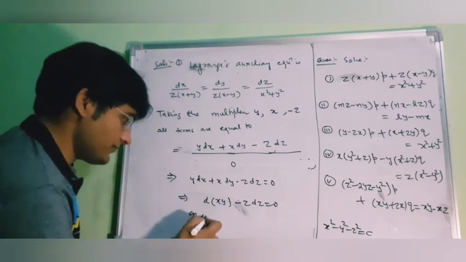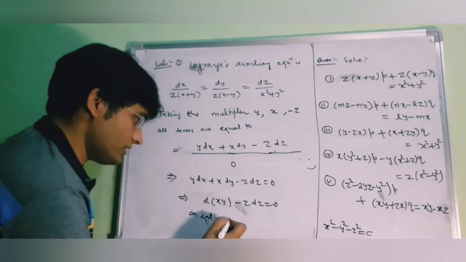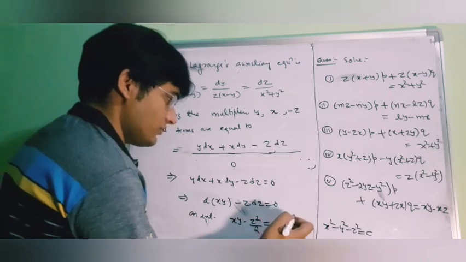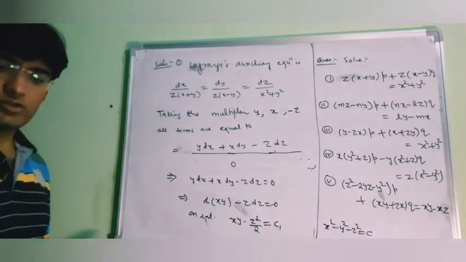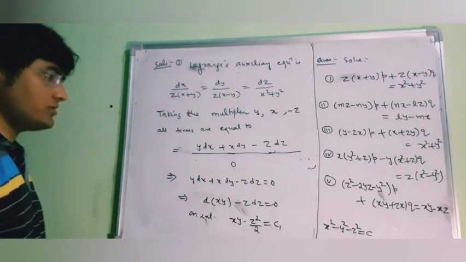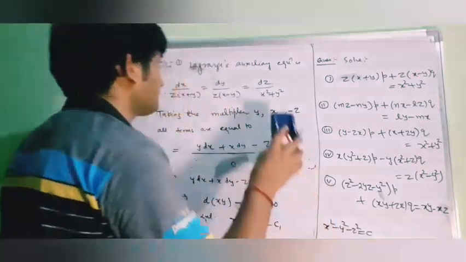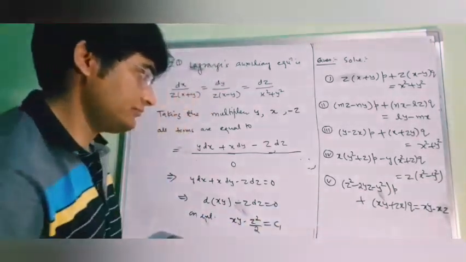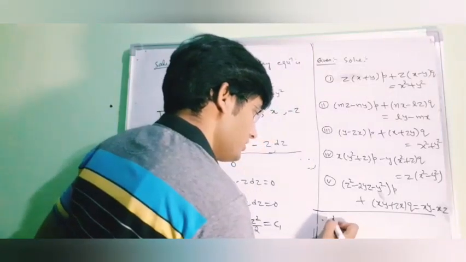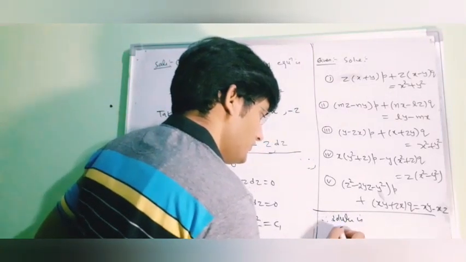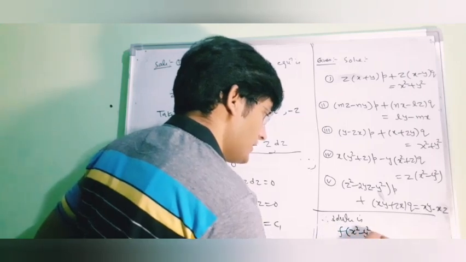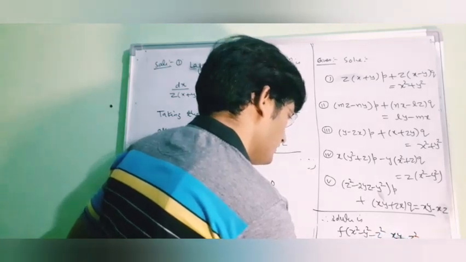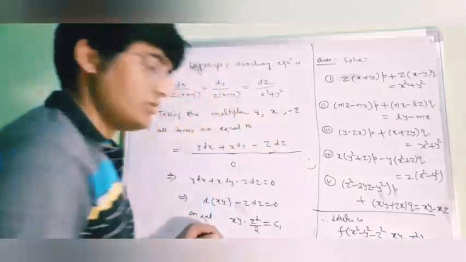So on integration we get xy, then integration of z will be z square by 2 equal to some another constant, say c1. So we have two set of solution, two set of functions or two set of constants. Therefore the solution is some function of the first solution x square minus y square minus z square, and the second solution xy minus z square by 2. So this is your answer. So this is your solution of the first part.